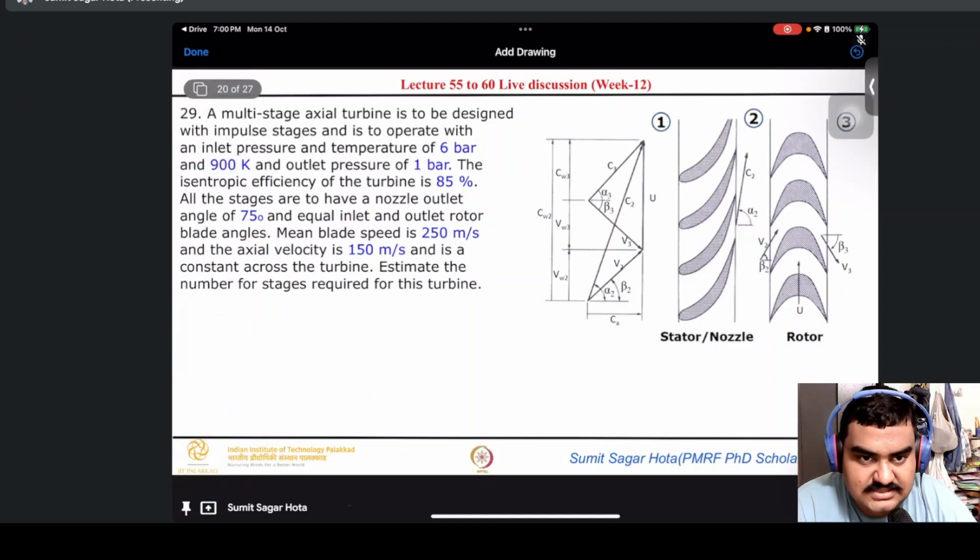The multi-stage axial turbine. So we now go for the next question.